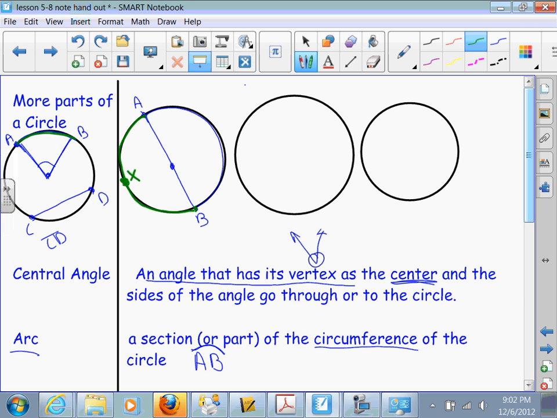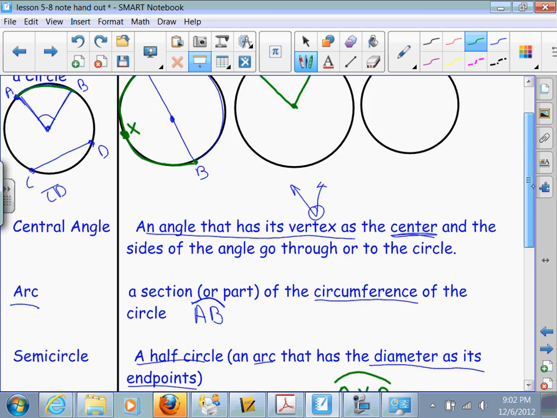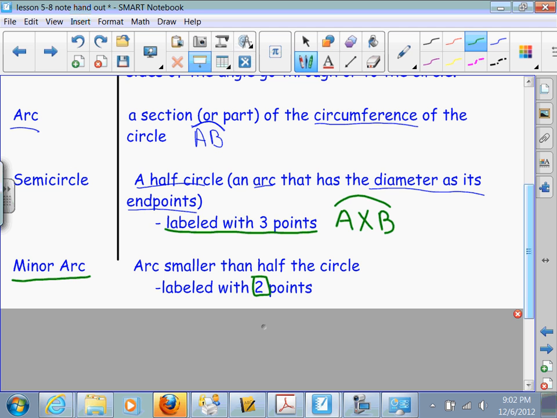It's smaller than half the circle. If I want to draw another one, let's call this TW. I can call this minor arc TW. And I would label it in the same way with 2 points. TW minor arc.